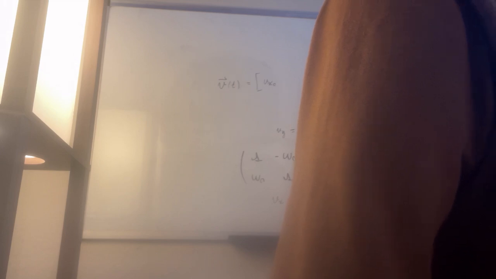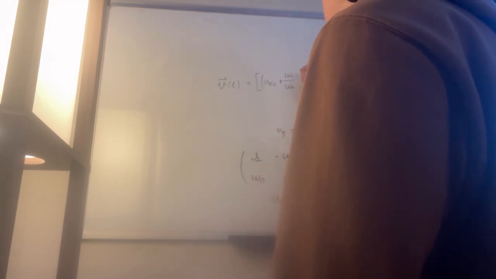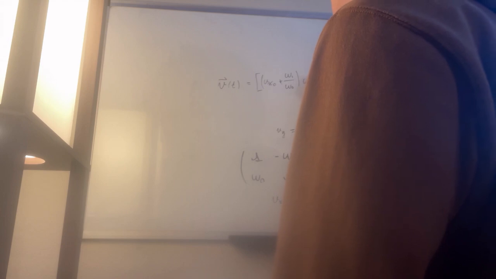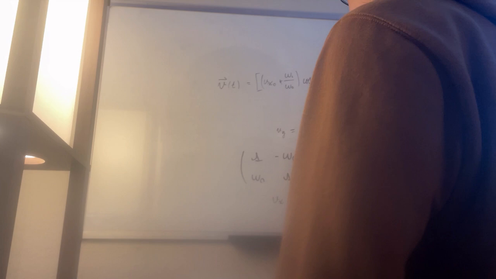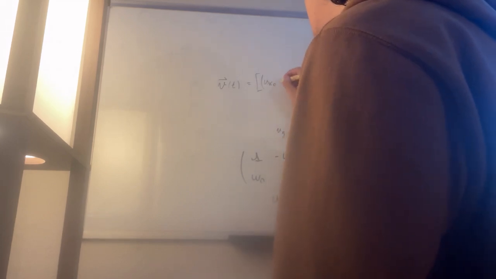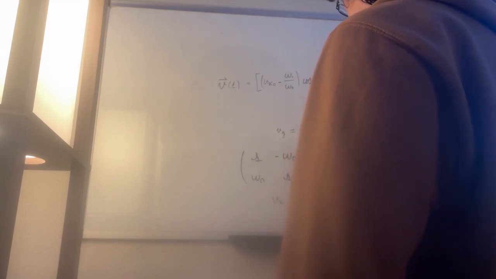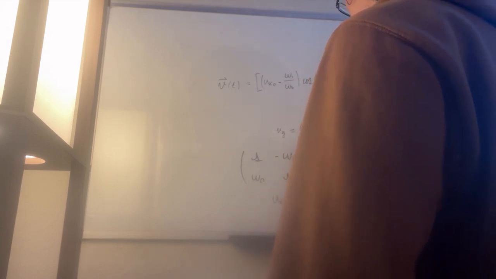Vx naught cosine omega naught t, plus omega 1 over omega naught, times 1 minus cosine omega naught t.